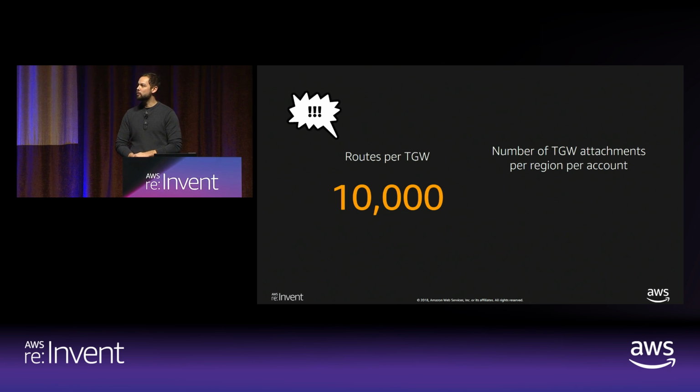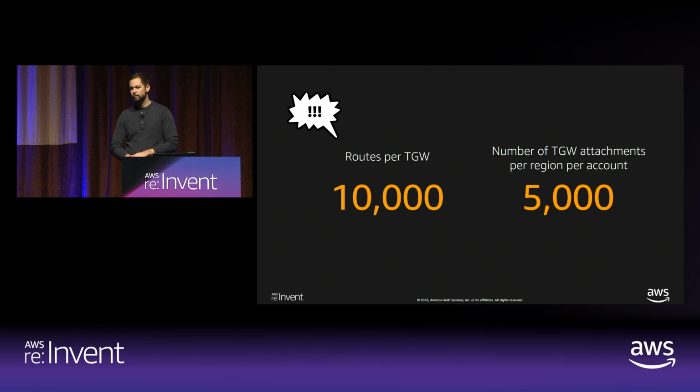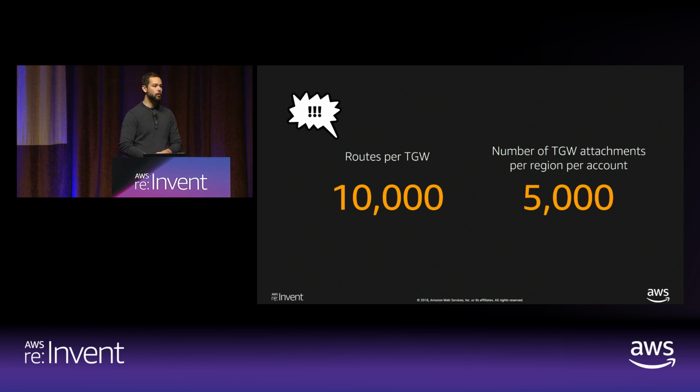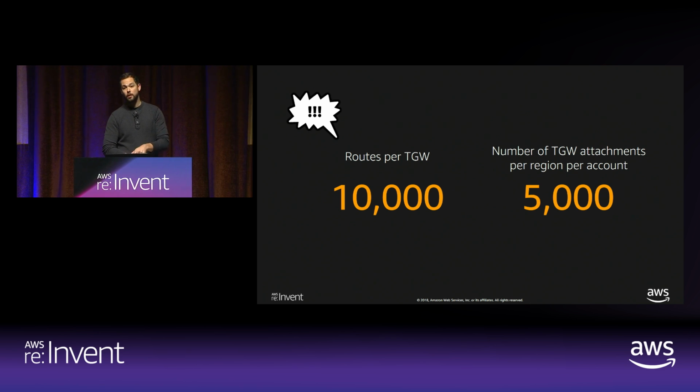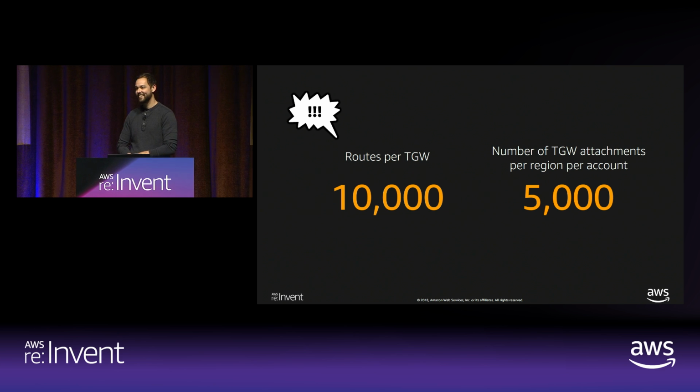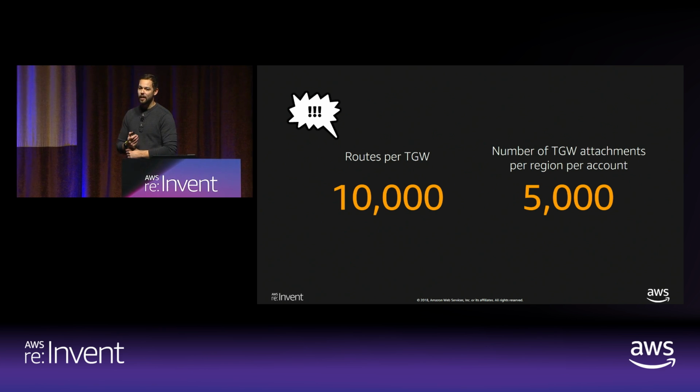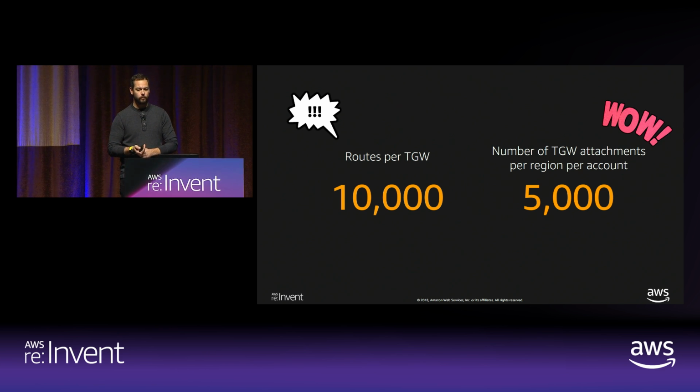Number of TGW attachments per region per account, 5,000. If you're interested in going beyond these numbers, my email's at the end of this presentation. Please send me an email. We want to talk to you. That's a lot. That's some pretty crazy scale. Wow.